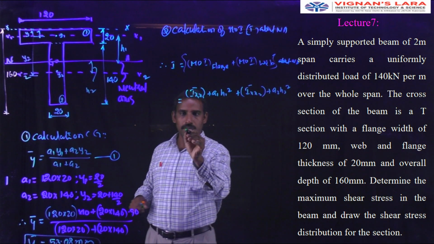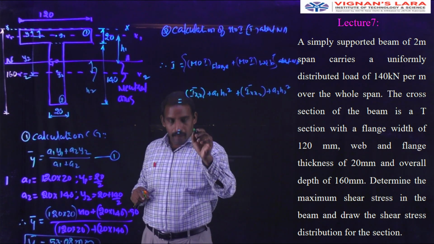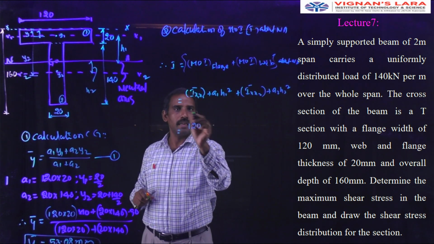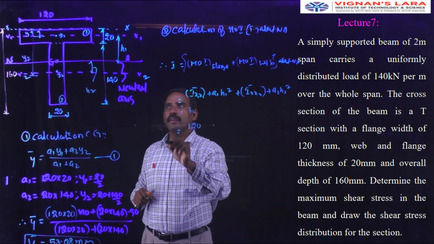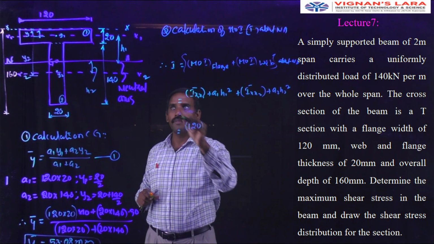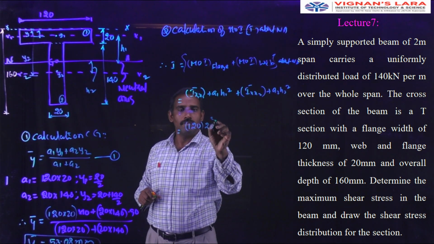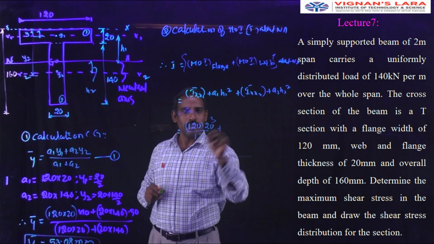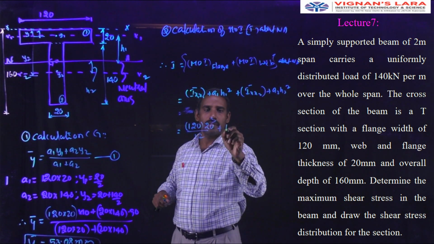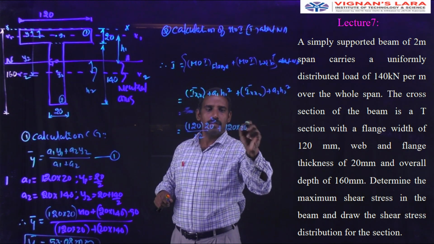That is equal to 120, basically B, into the depth cubed, BD cube by 12, plus the area of the first rectangle, 120 into 20.